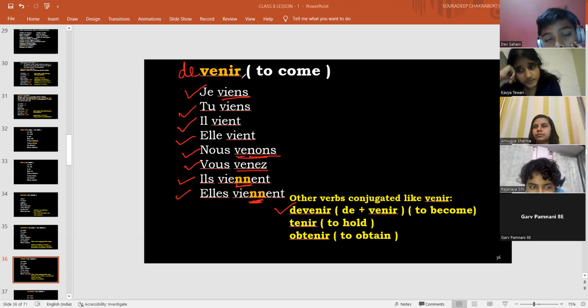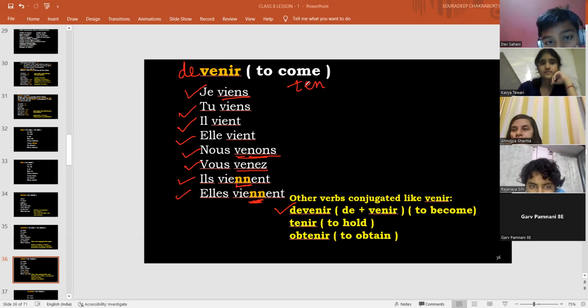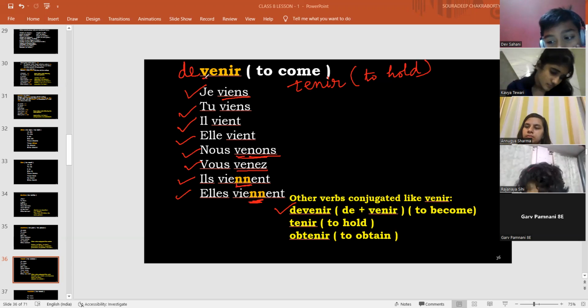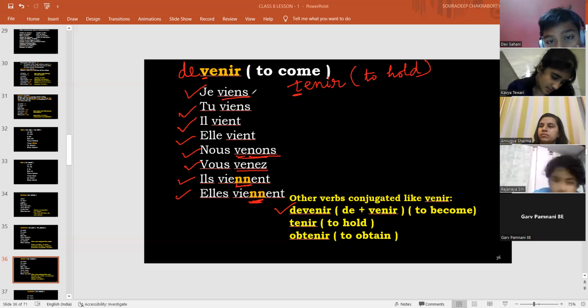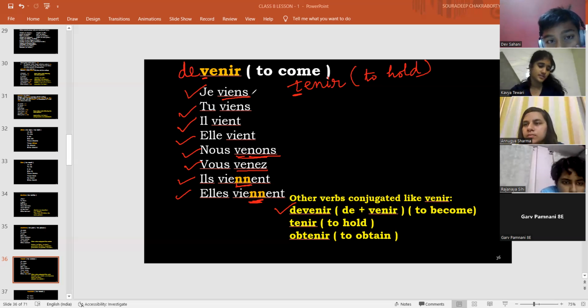Now, can you do the verb tenir, which means to hold? Only what we have to do is replace V with T, then it becomes tenir. The same conjugation will follow.